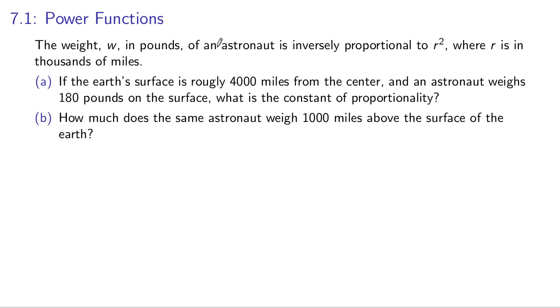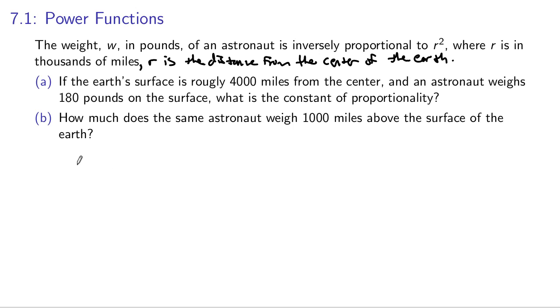And I think we're missing here from this problem, r is the distance from the center of the Earth. If the Earth's surface is roughly 4,000 miles from the center, and an astronaut weighs 180 pounds on the surface, what is the constant of proportionality?